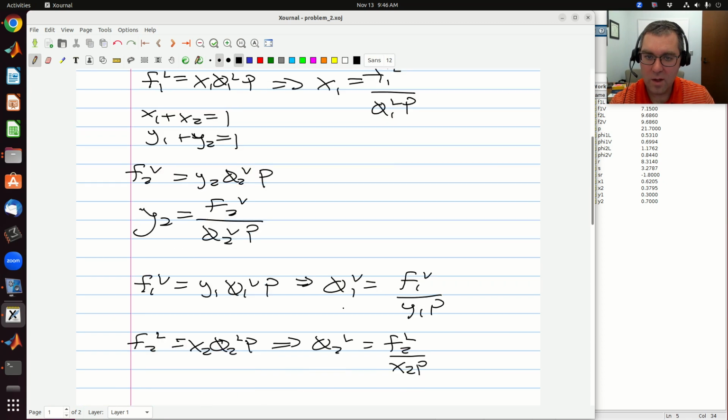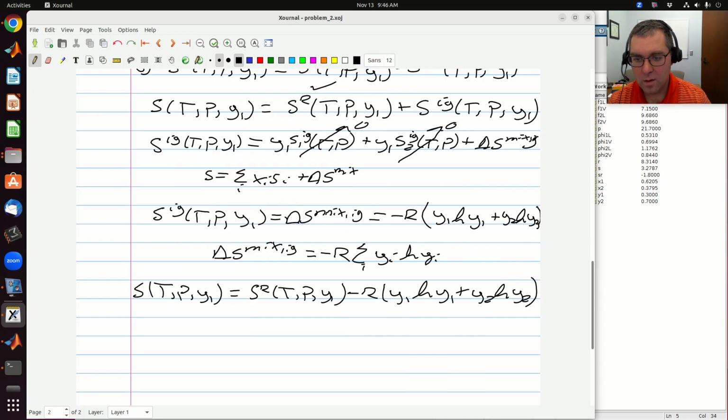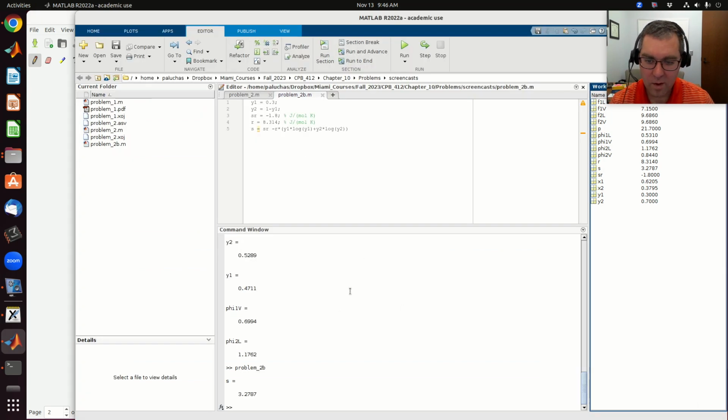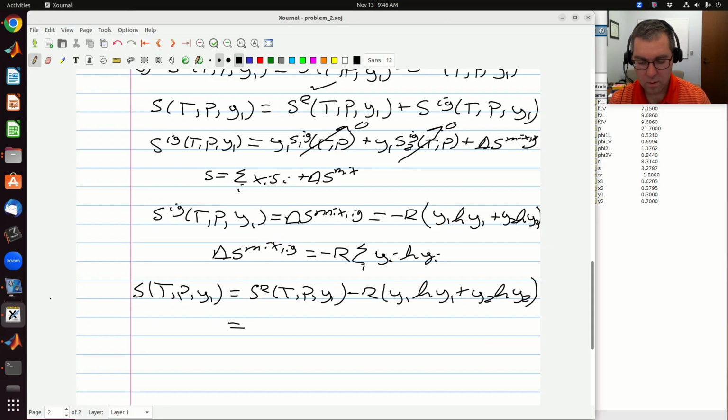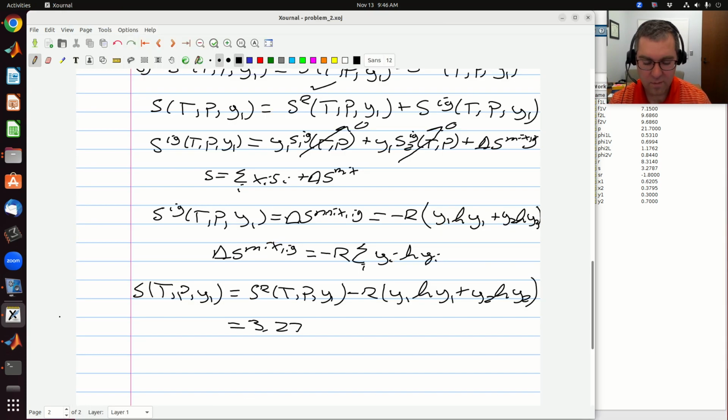So the entropy of my mixture then is going to be equal to this value here of 3.2787 joules per mole Kelvin, given the reference states provided.